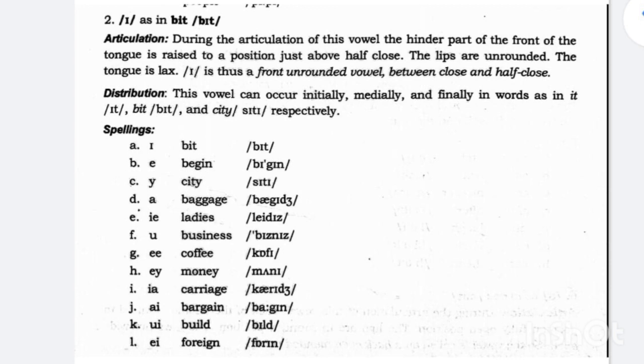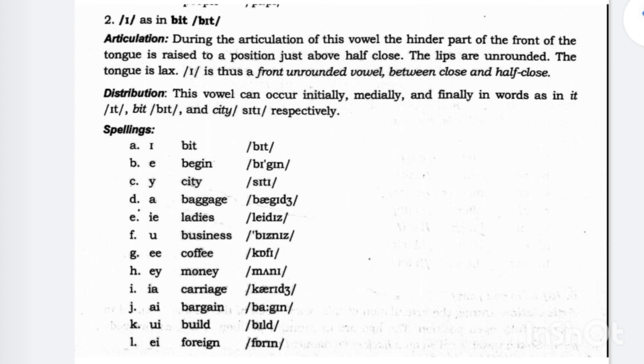See, you can see the vowel sound E over here, and it is represented by two letters, IA, carriage. Another word, bargain. That's how the native English speakers pronounce the word bargain.